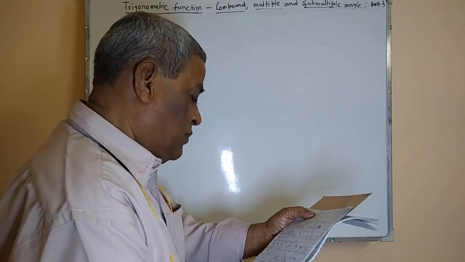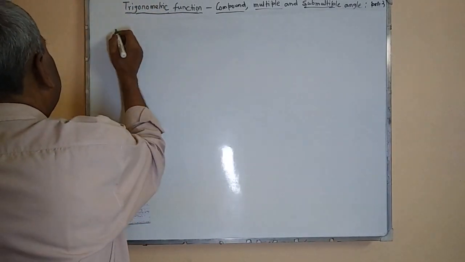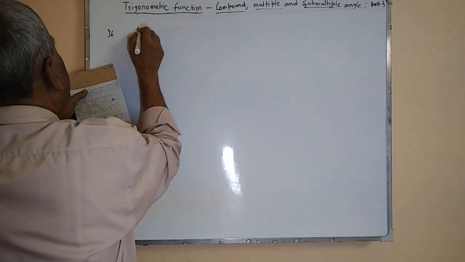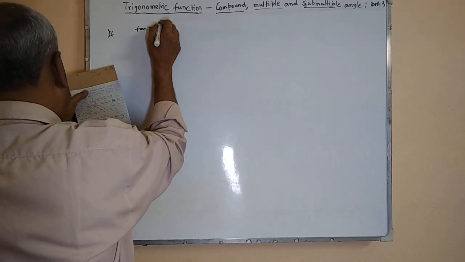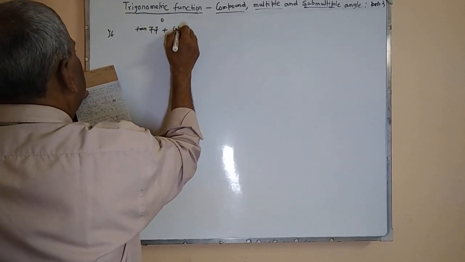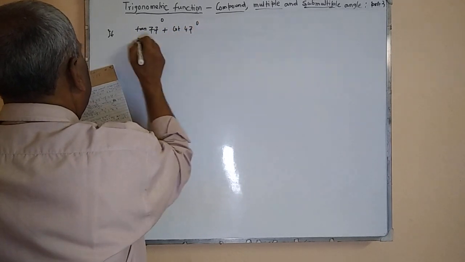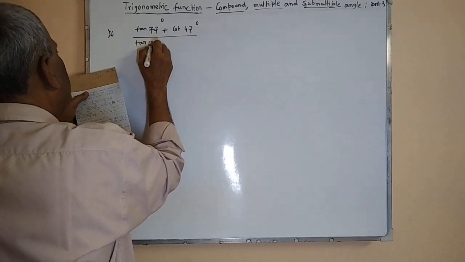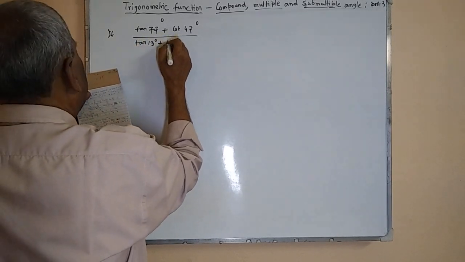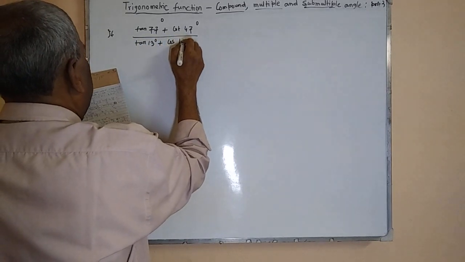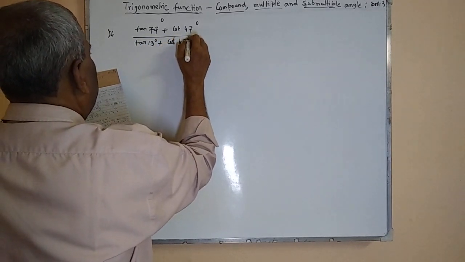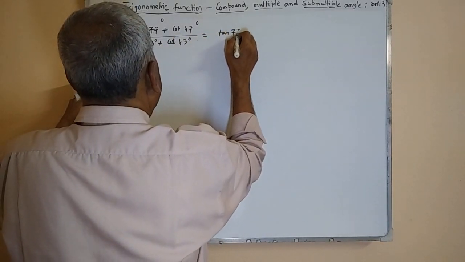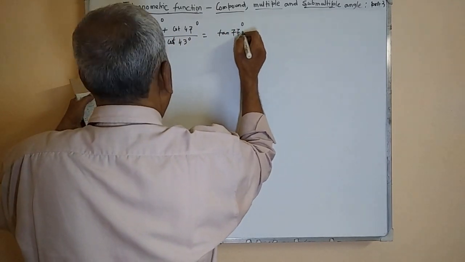Let us take the first problem. If (tan 77 degree + cot 47 degree) / (tan 13 degree + cot 43 degree) is equal to tan 77 degree cot alpha.